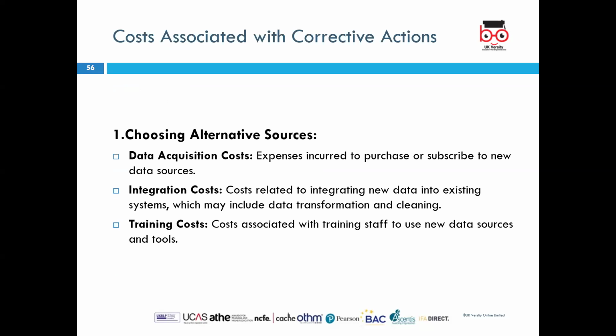So we now look into the cost associated with corrective action. Now I'm going to be choosing alternative sources. So we have to look at data acquisition costs, integration costs, and training costs.